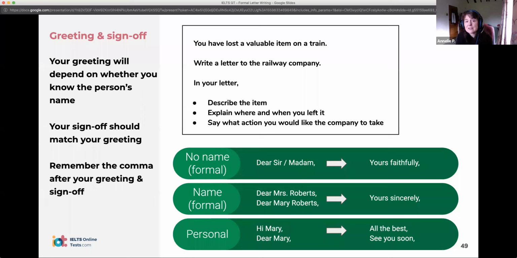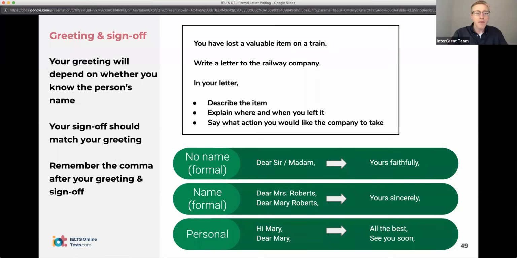Just get as much information as you can, look at sample responses, watch videos. Anything like that is going to improve. Reading and listening always improves your vocabulary. So that's very important too.